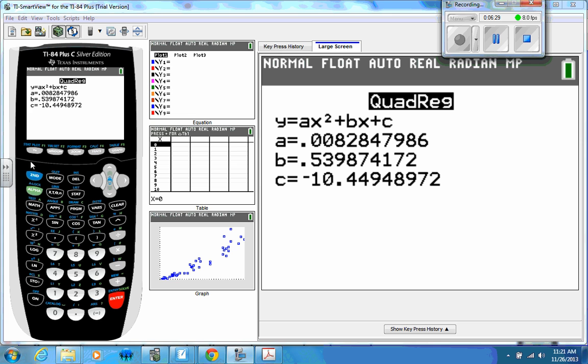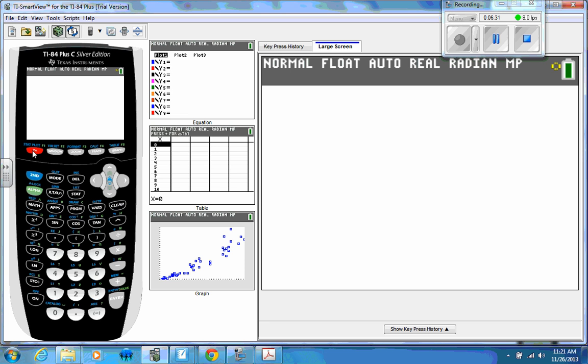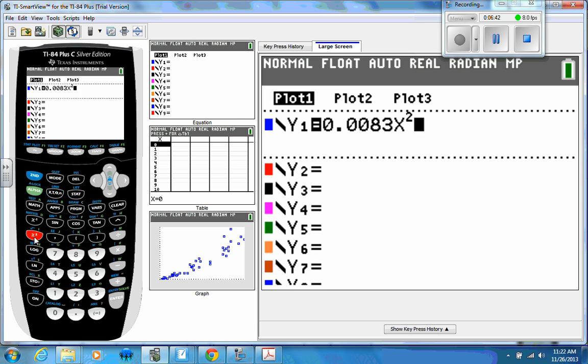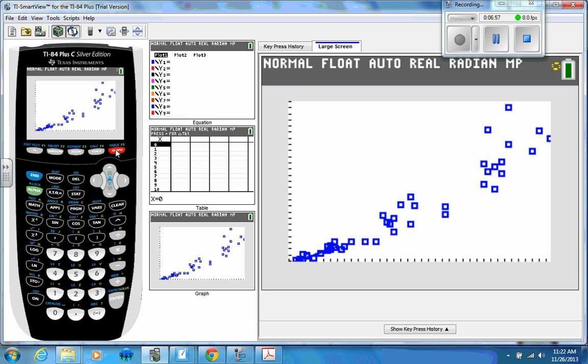So if I take this equation and I hit y equals now, and I put it into my graph, x squared plus 0.5399x minus 10.45, and I graph this, it'll show me the line of best fit.